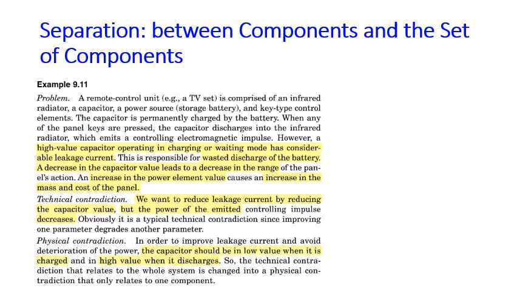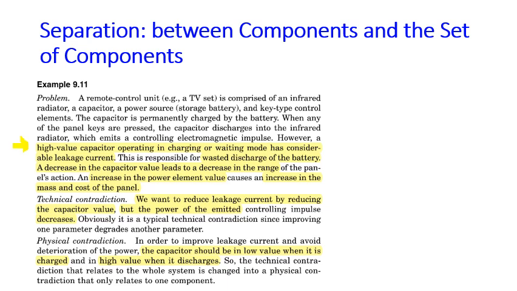In the next example of separation, we're talking about a remote control. In the remote control, you have a capacitor and you have also a battery as the power source. We would like to have a high power remote control, meaning that you can use it from a distance far enough from your TV, let's say. To have such a remote control with good power, we need a high value capacitor.